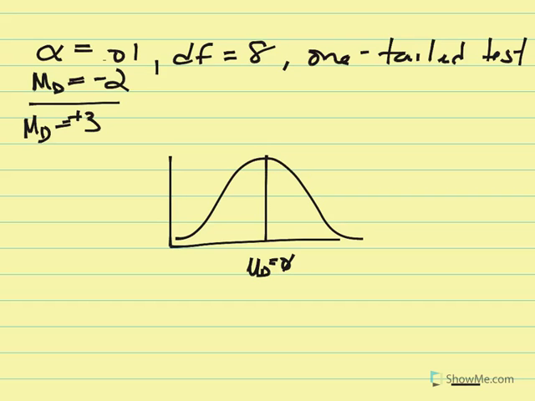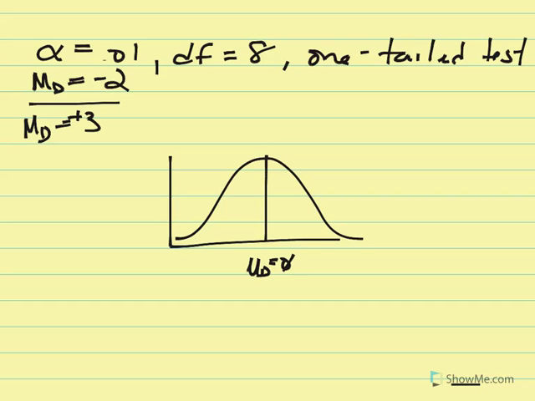In this case, it's 0 in the center. And in this case, the research alternative hypothesis indicated that we expect a decrease in the second condition, thus producing a mean difference that would be negative.